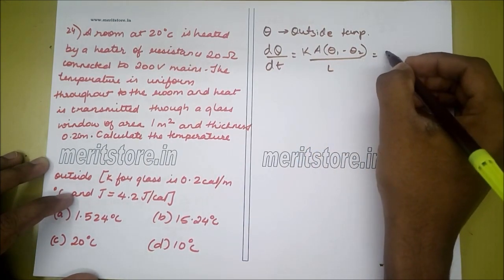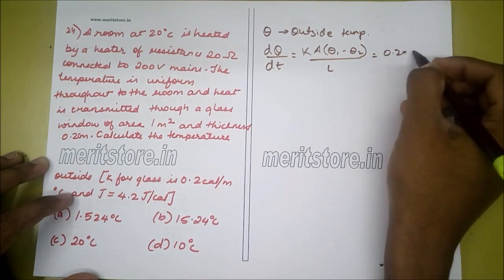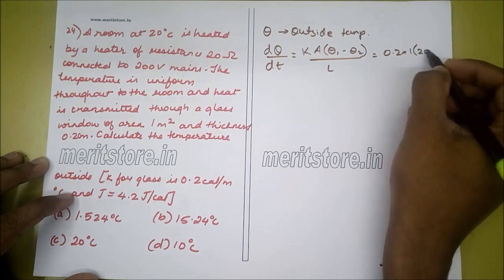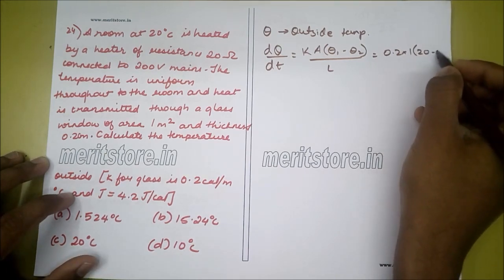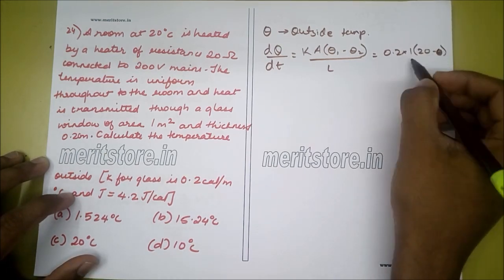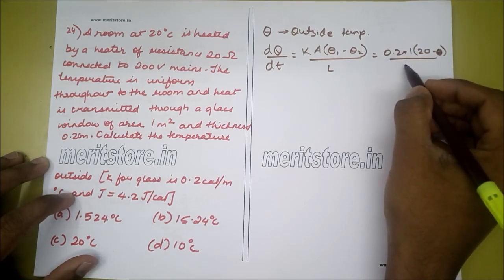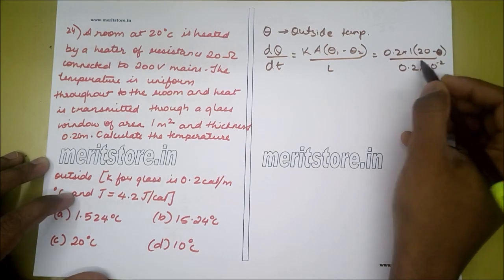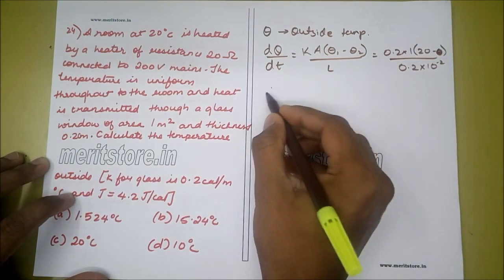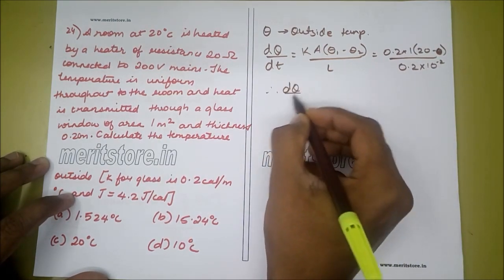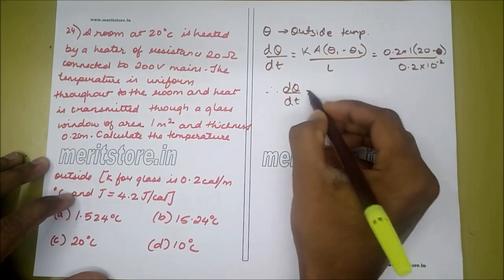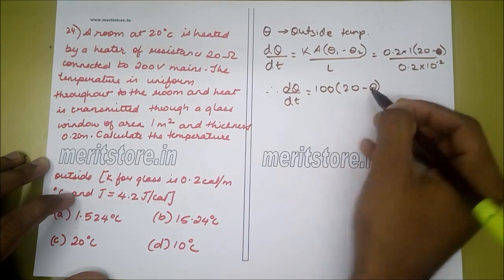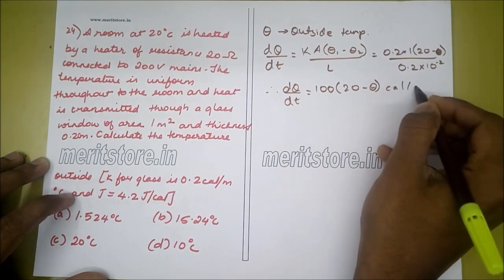So K is given as 0.2, area is 1 meter square, the inside temperature is 20 and outside temperature we don't know, and L is 0.2 centimeters, so 10 raised to minus 2 in order to convert it into meters. So this value dq by dt comes around 100 into 20 minus theta, this is calories per second.